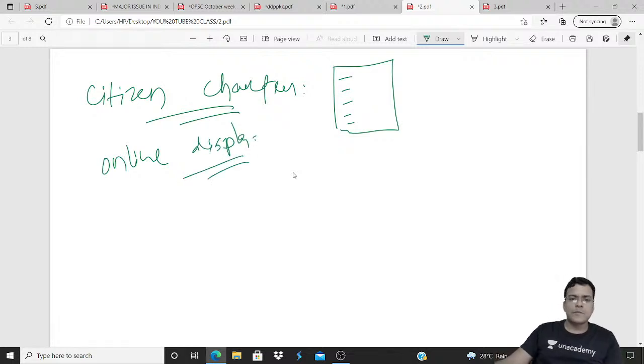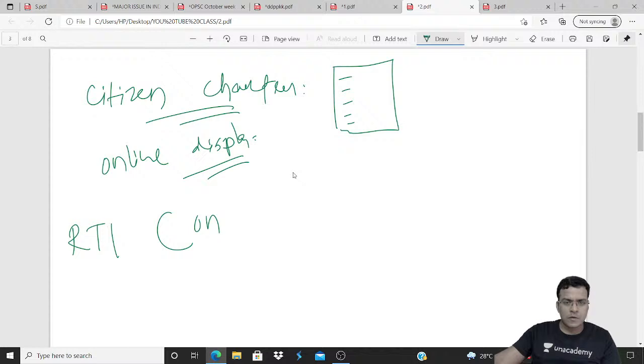That will result in an increase in transparency. RTI, online RTI, Right to Information Act. So RTI will increase the concept of transparency.